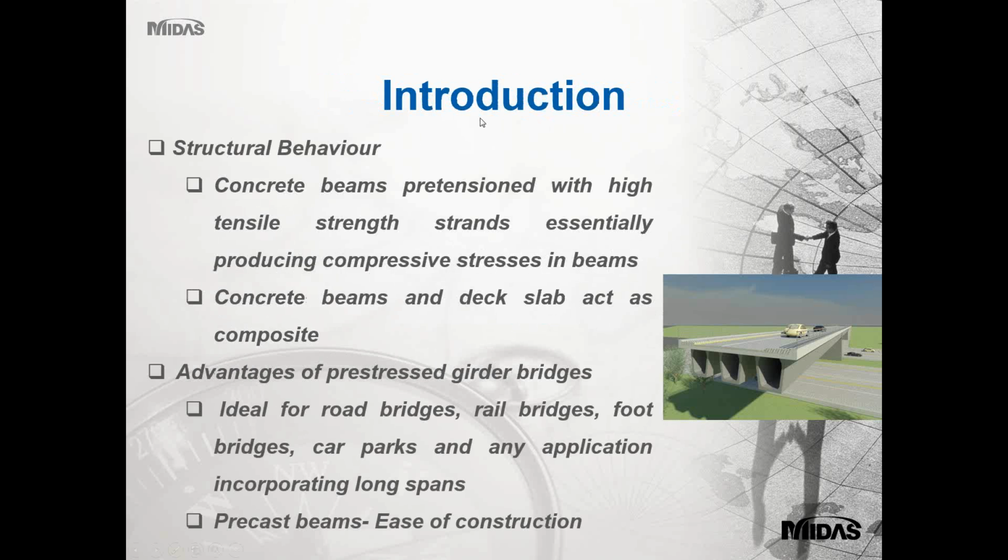Just a brief introduction on concrete pre-stressed bridges. The structural behavior is that the concrete beams are pre-tensioned with high tensile strength strands so as to produce only compressive stresses in the beams. And the deck slab and the concrete beam act as composite. So we'll be looking at construction stage analysis with composite action in the presentation.